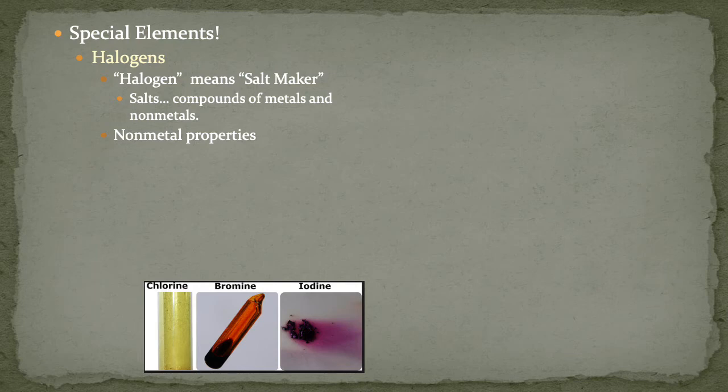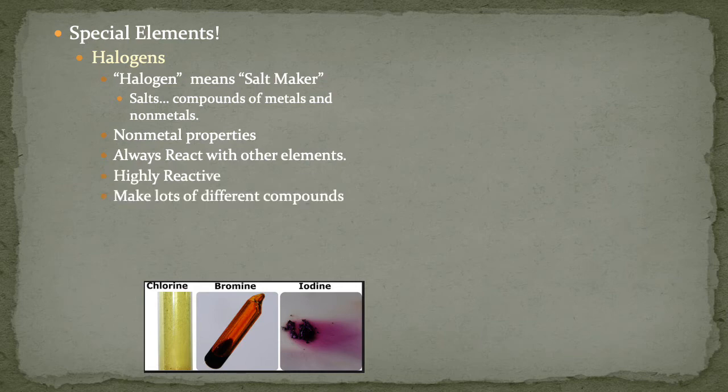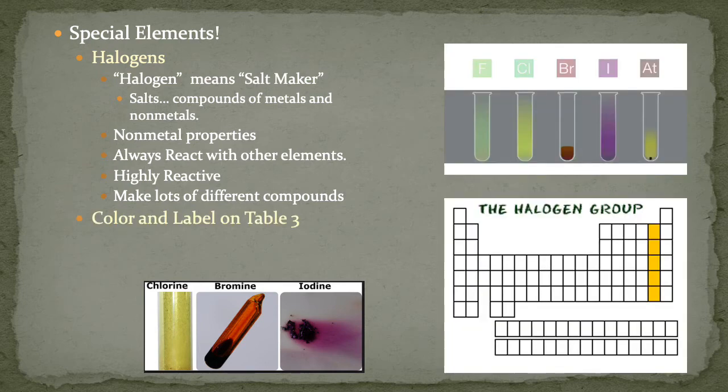Iodine is a solid at room temperature. And they always react with other elements. They are also highly reactive, so they're responsible for making lots and lots of different compounds. We can go ahead and color and label those, fluorine, chlorine, bromine, iodine, and astatine, on our periodic table and label them halogens.